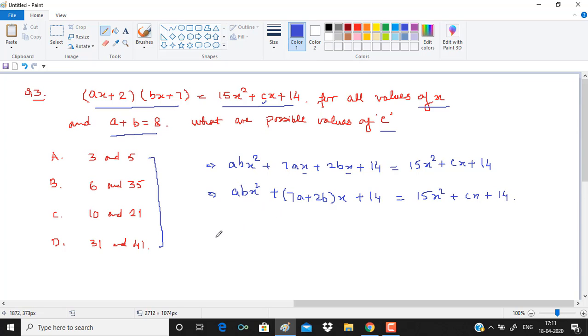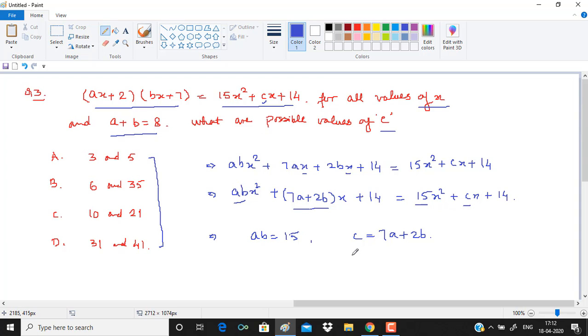Now the next step will be, we will be equating the coefficients, that is ab equals 15 and 7a plus 2b equals c. Now we need to find the values of c.